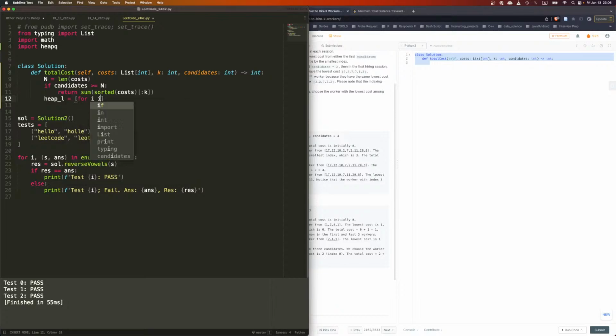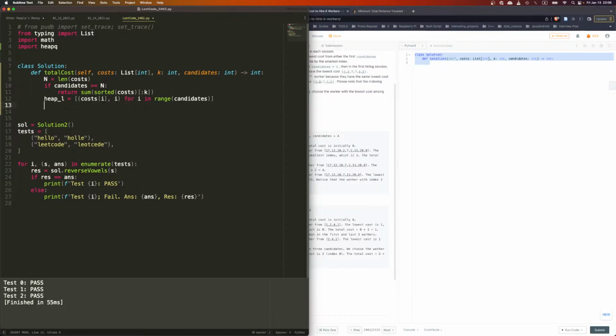So I in range of candidates, we're gonna do costs I and I. So that's that, and heap right shall equal to from this up until... how do we do this?